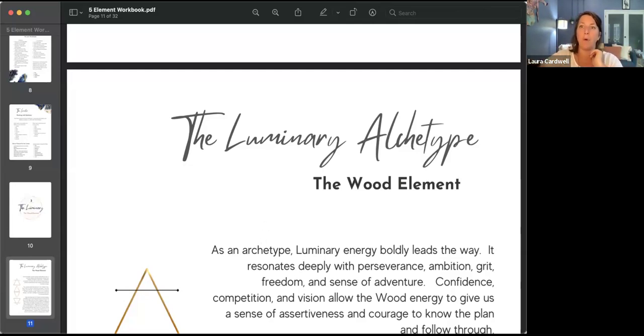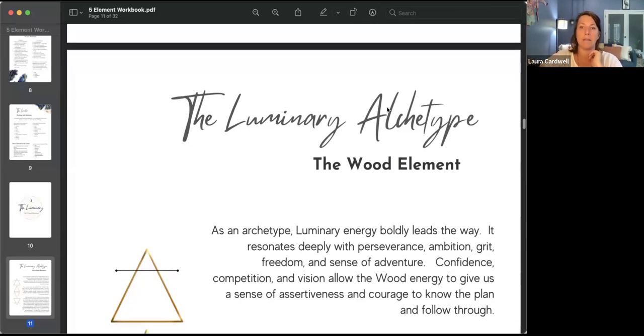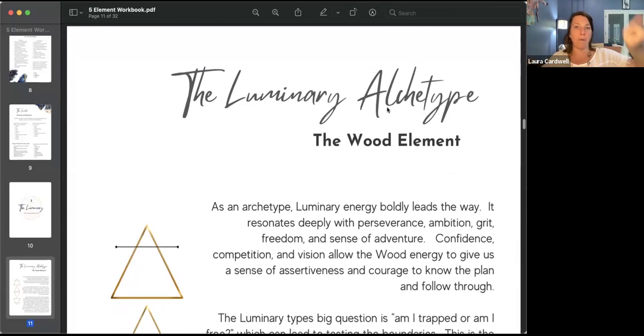So if you're going around that circle, you're moving from water to wood, right? In the flow cycle, remember, it goes from water to wood to fire to earth to metal. The wood energy is the new potential. It's new beginnings. The archetype of wood is spring.